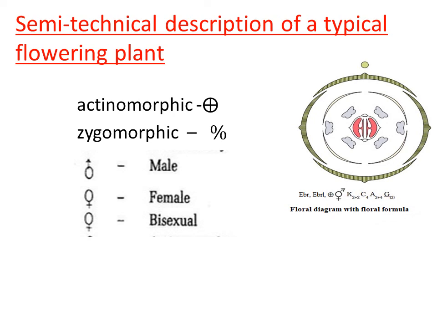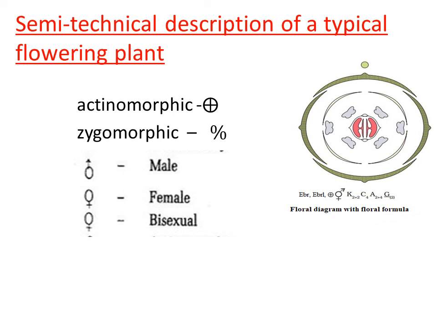The first whorl is calyx, represented by the symbol K. What is the number of units of calyx? 4 units are there. 2 sepals are present completely towards the inner side, and the remaining 2 are present completely towards the outside, so 2 plus 2, right. Corolla is represented by the letter C, and the number of petals is 4, so we write 4 as it is.